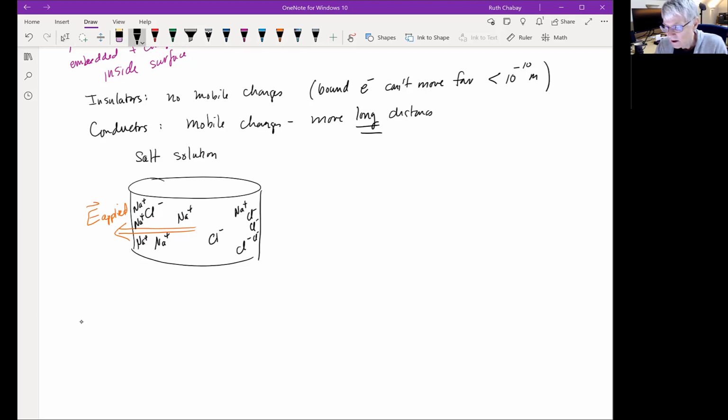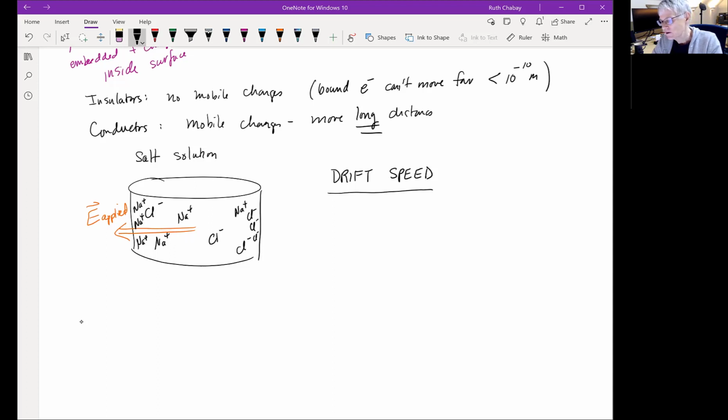So the speed of a charged object in a substance, like a sodium ion in salt water, is called its drift speed.